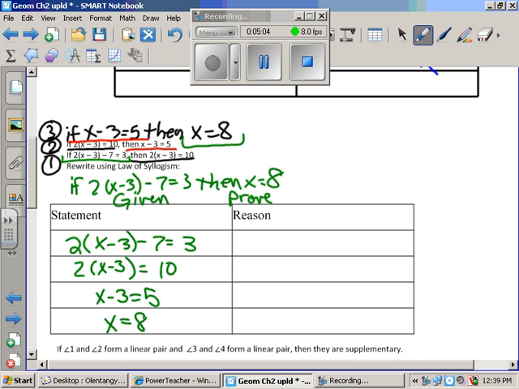Okay, so what's the first one? What's the reason we get to use the first one? It's the given. Okay? Okay, now how did I get from here to here? I added 7. Okay, what property says I can add the same thing to both sides? Addition property. Good. Okay, now how do I get from here to here?